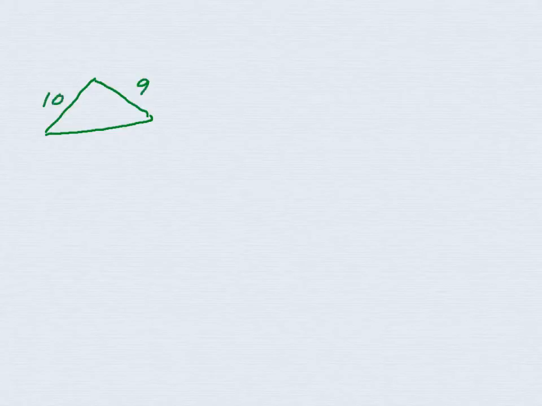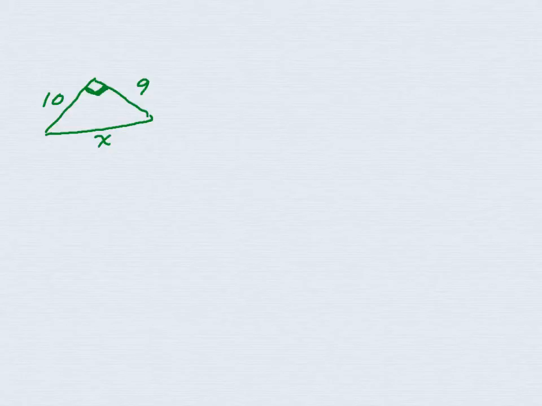Here's an example of 2 fairly easy questions. Say you had a right angle triangle where you were given both legs. One leg was 9, one leg was 10. And there's the indicator that it's a right angle triangle. And you were asked to solve for the hypotenuse of x.